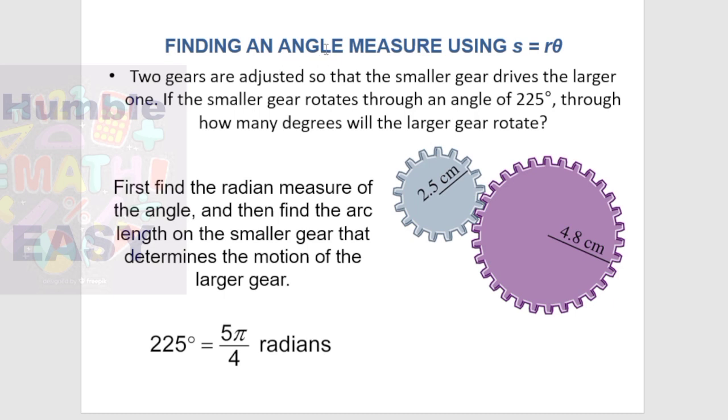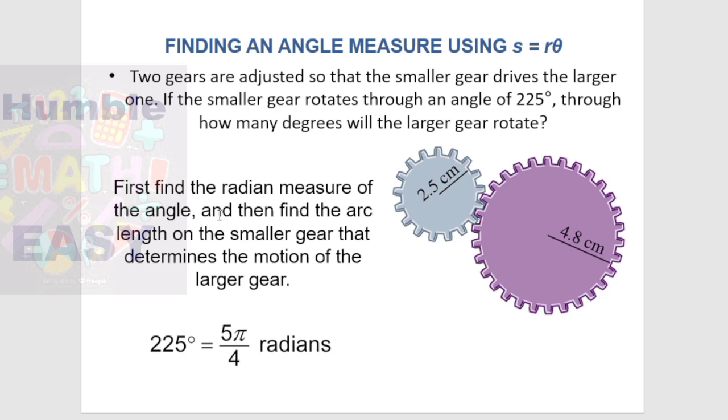Okay, so let's proceed to another set of example. Find an angle measure using the arc length s is equal to r theta. The two gears are adjusted so that the smaller gear drives the larger one. If the smaller gear rotates an angle of 225 degrees, through how many degrees will the larger gear rotate?